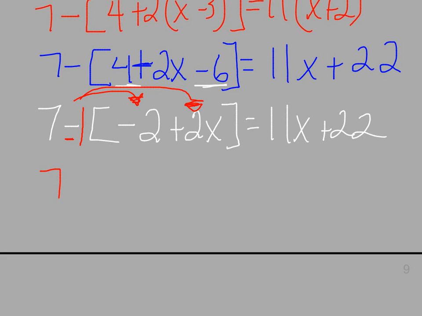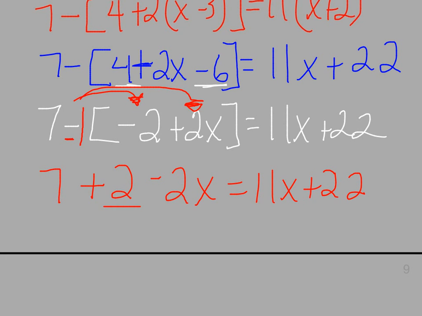So I have 7 plus 2 now, minus 2x, equals 11x plus 22. 7 plus 2 is 9. 9 minus 2x equals 11x plus 22.